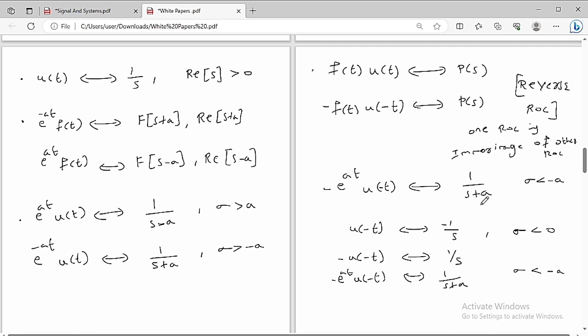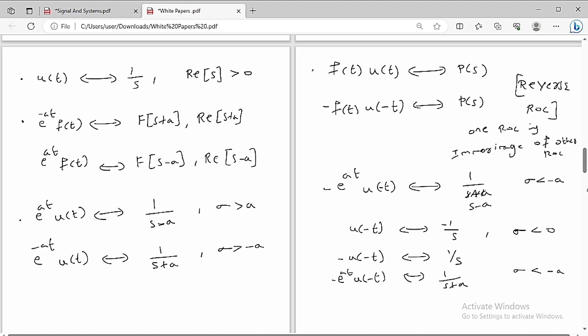Listen carefully: this is 1 by s minus a, because if you see clearly, e to the power of at into u of t has the Laplace transform 1 by s minus a. So minus e to the power of at into u of minus t has the same Laplace transform, 1 by s minus a, with an ROC reverse of this one. Reverse of the ROC, which here is sigma greater than a.